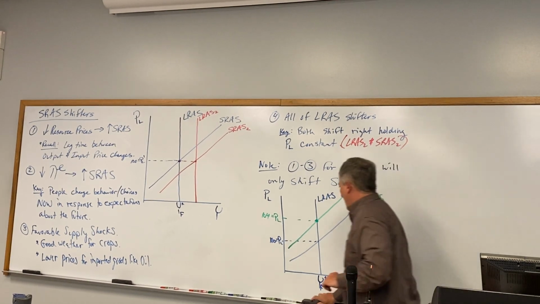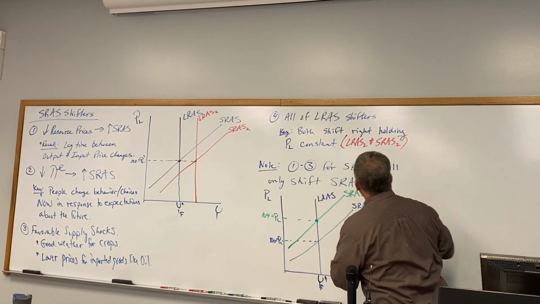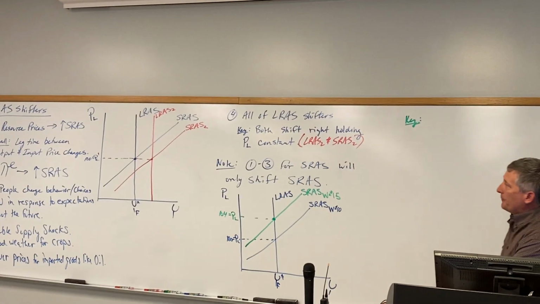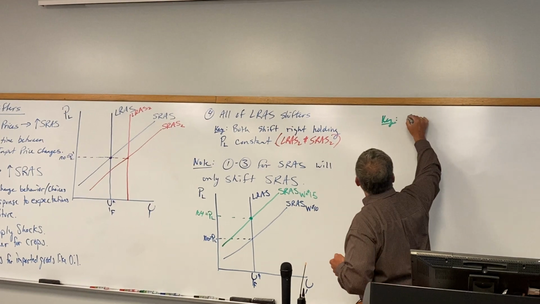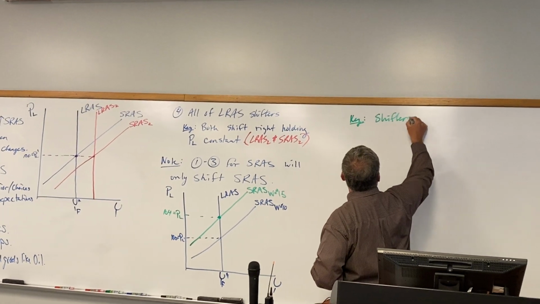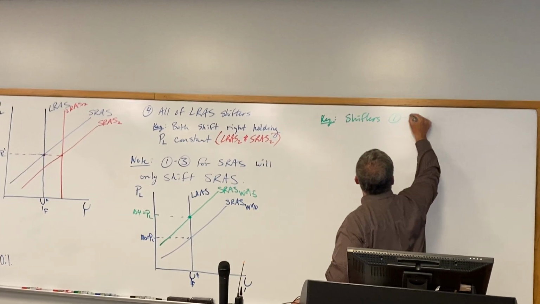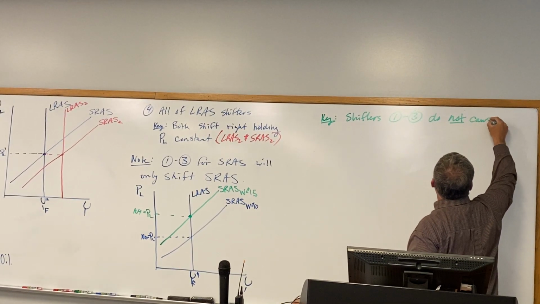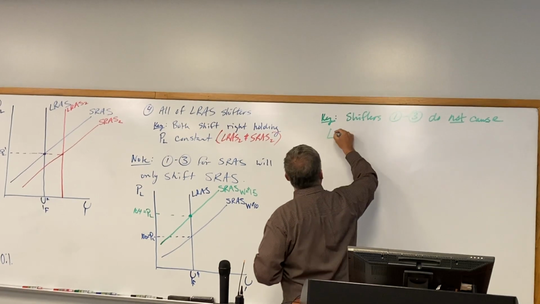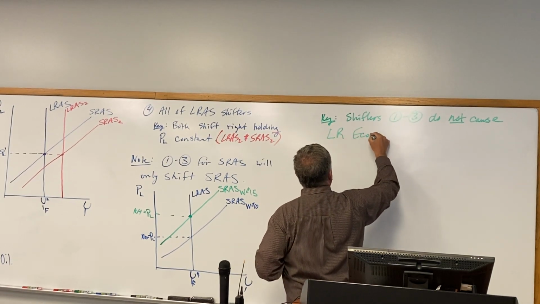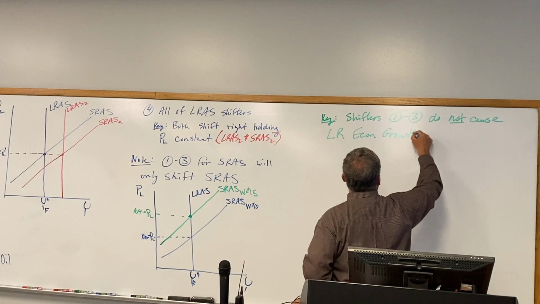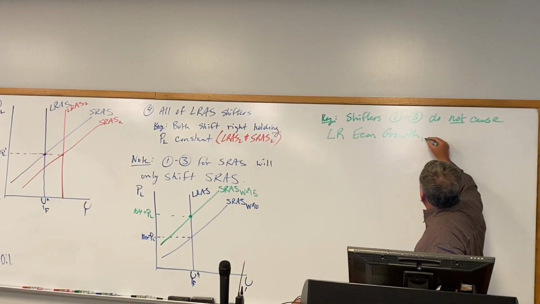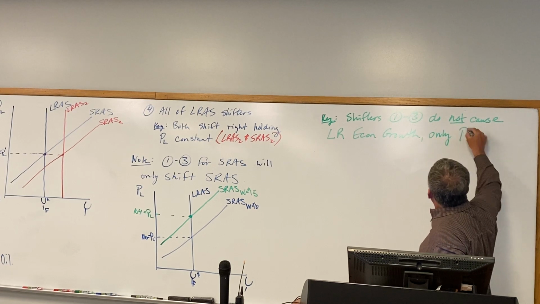All right, so the key point with this is we don't get long-run economic growth. The key point is shifters 1 through 3 do not cause long-run economic growth. Only price level changes.